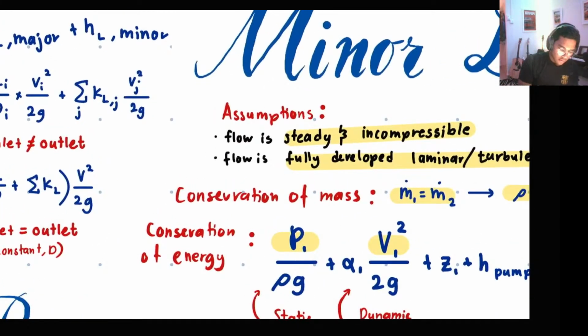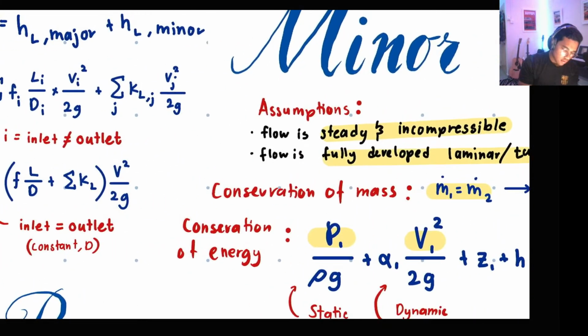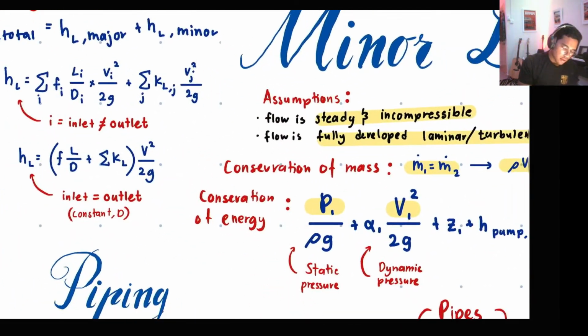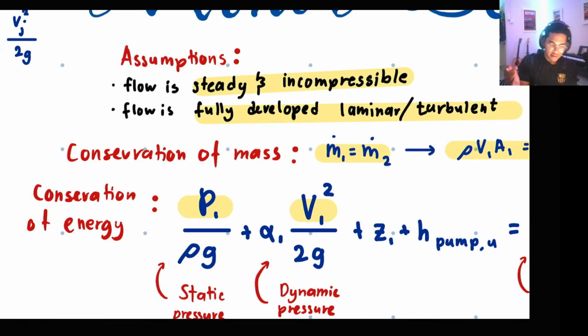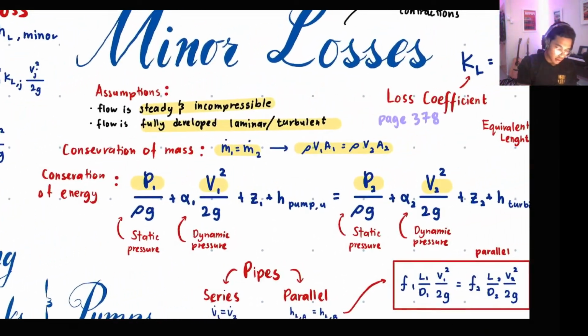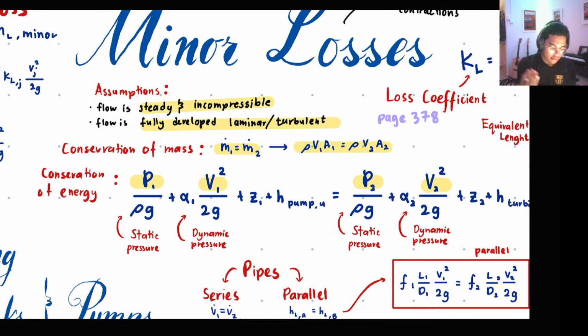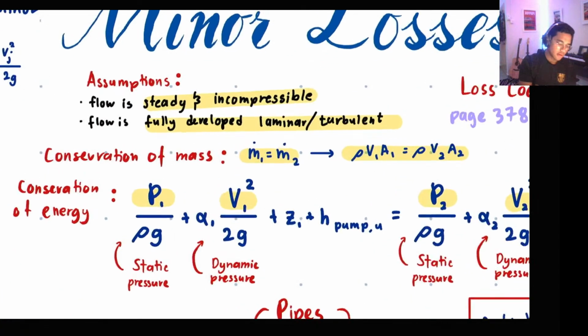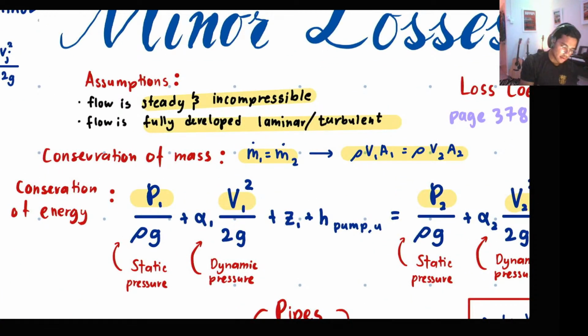Okay, so there are two principles that we need to use during the calculations of the head loss, or in this case minor losses, which is the conservation of mass. So conservation of mass is m dot 1 equals m dot 2.